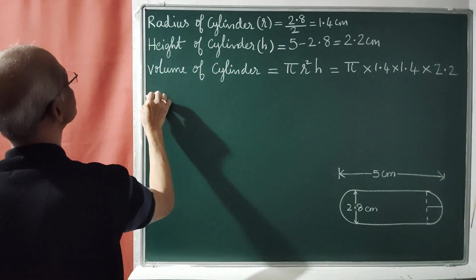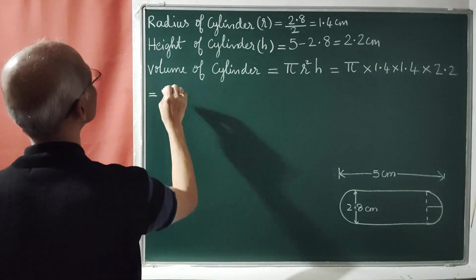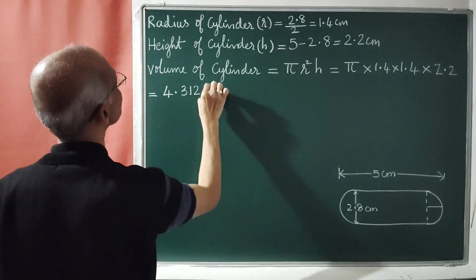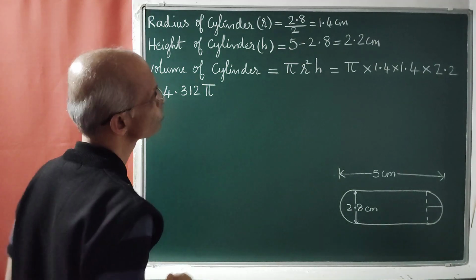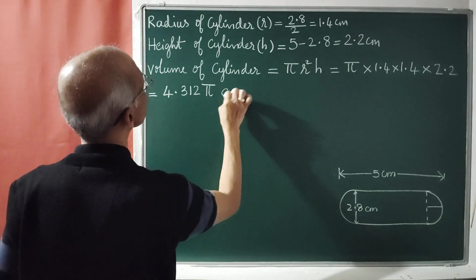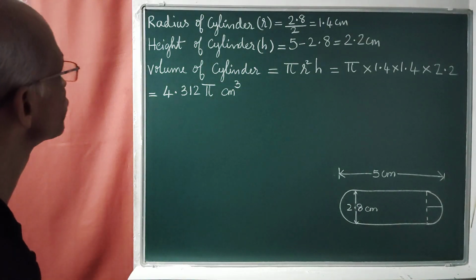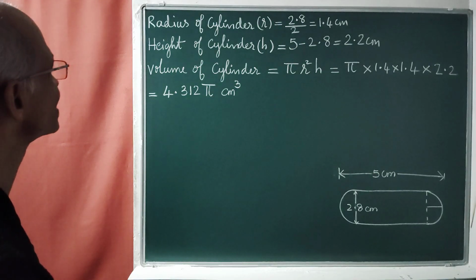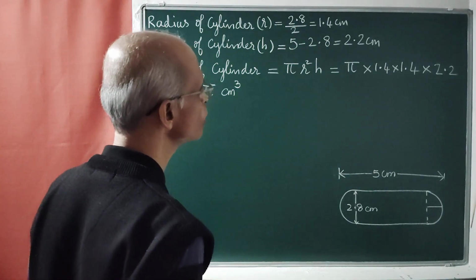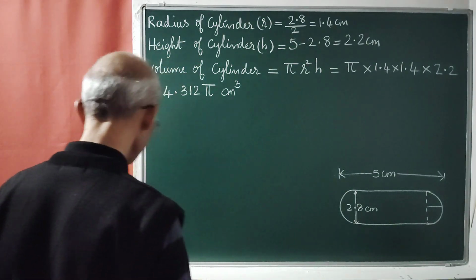That will be equal to 4.312 pi centimeter cube. You have found the volume of the cylinder. Now you will find out the volume of the gulab jamun.